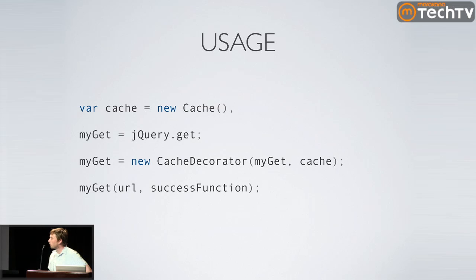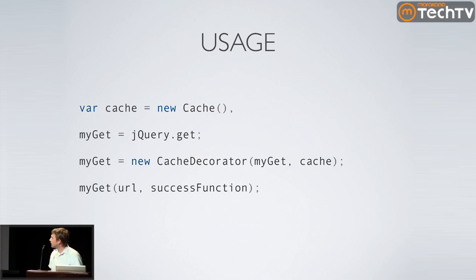What we're getting out of that is a new function which has the same signature as the jQuery function. So we can give it a URL and a success function, and when that gets executed, it will work very similarly to the jQuery function. It's been augmented by the cache decorator, so it changes it slightly, and can make it more useful for mobile.